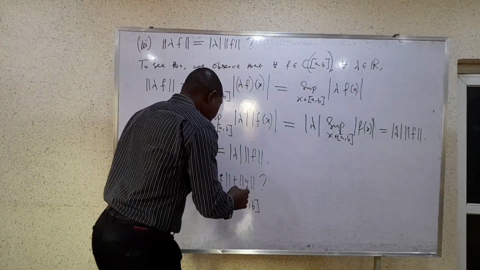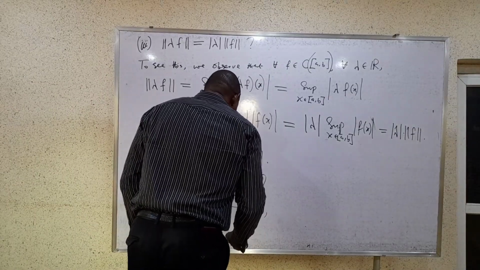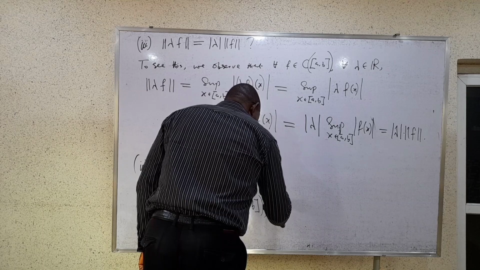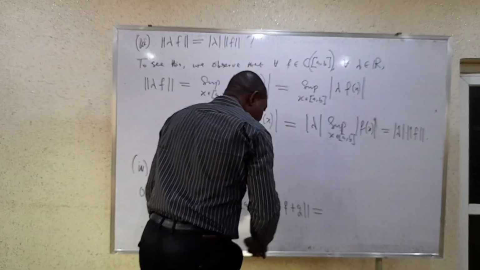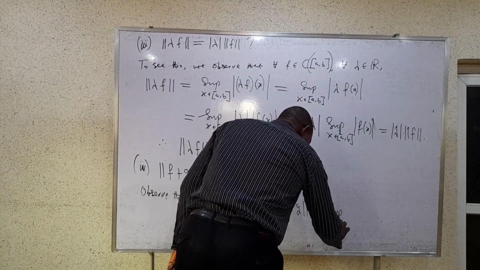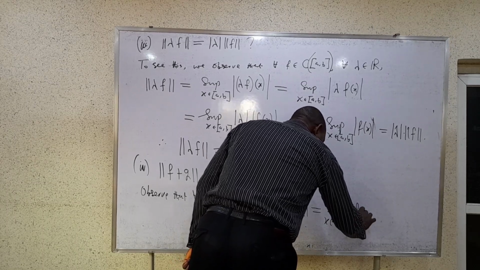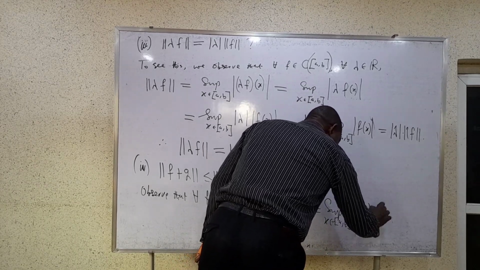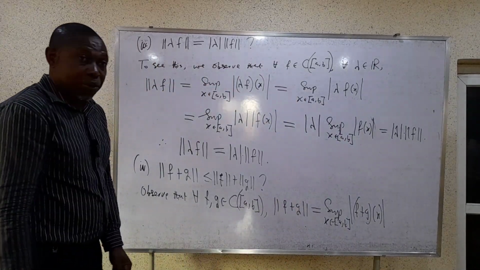That's the normal thing. For any f, g in C[a,b], we shall look at the norm of f plus g, which is equal to the supremum over x in [a,b] of absolute value of f plus g acting on x first. This is what it is by definition.